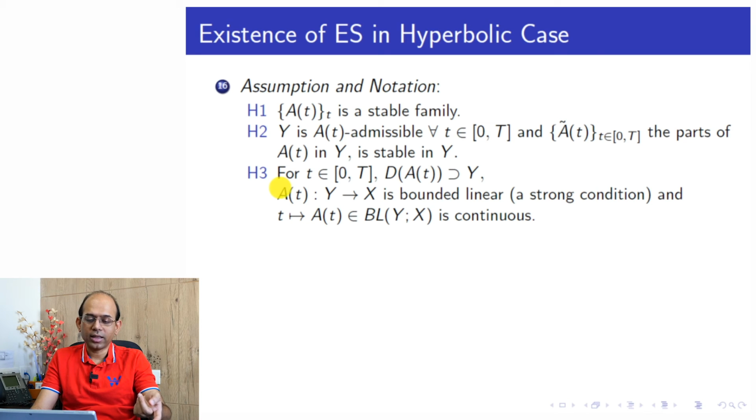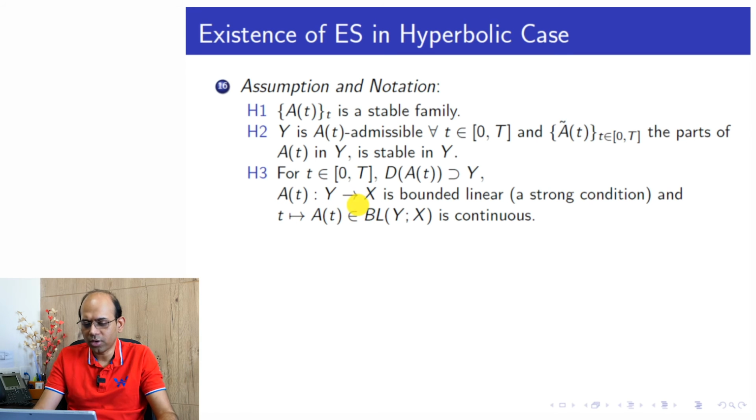And then A(t) from Y to X, I can now talk about A(t) from Y to X, because the domain of A(t) includes capital Y. So for every member in capital Y, A(t) of that member is well defined. So A(t) from Y to X is bounded linear, and the map t to A(t) is continuous.